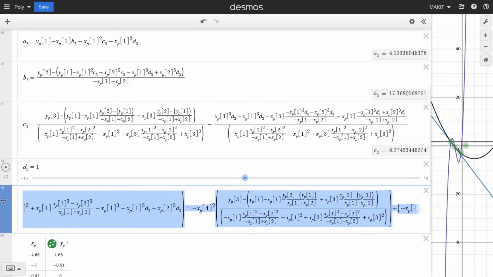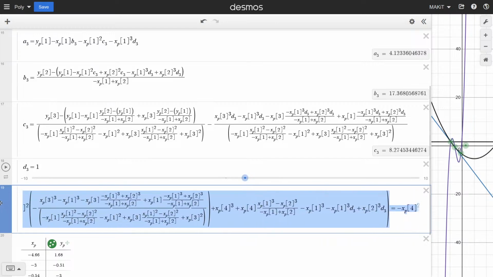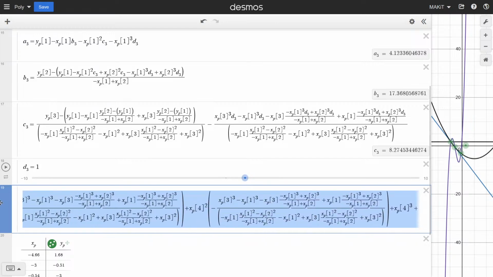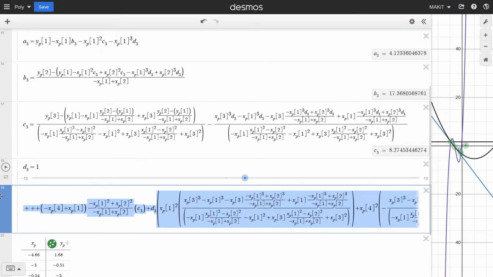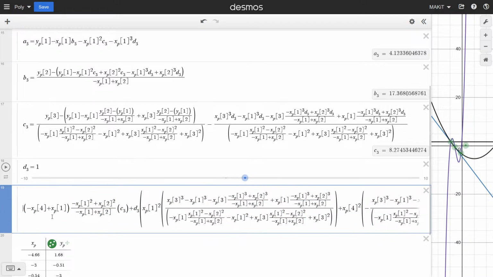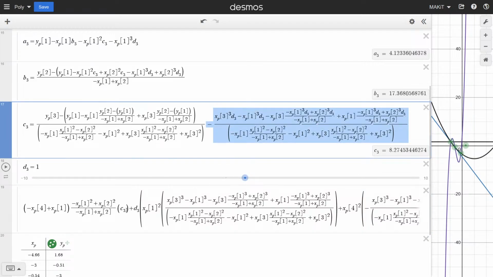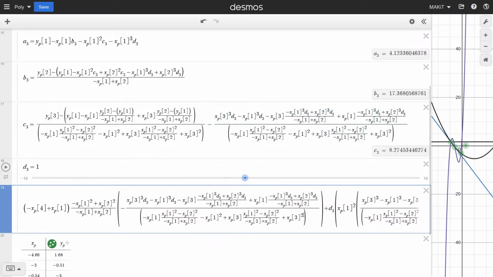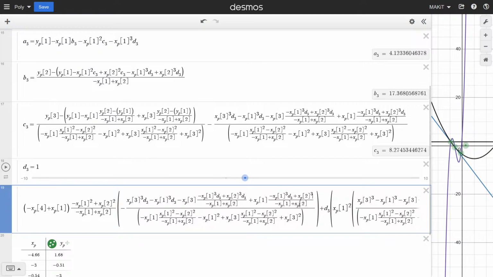And now we can go to the left. Remove these 3 pluses. And then this entire thing multiplied by negative d. So this. There we go. With all the d3s removed.